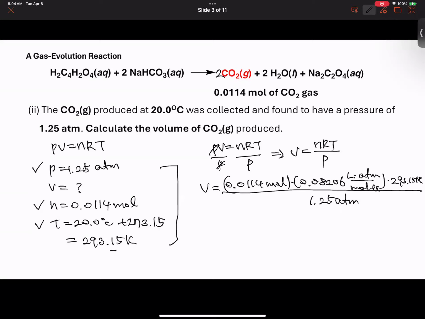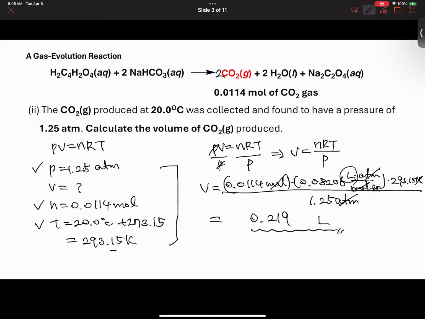Because we use proper units, everything will cancel out: mole divided by mole, Kelvin divided by Kelvin, atm divided by atm. We are left with liters. The unit will be liters. Then calculate the value with 3 sig figs, which is 0.219 liters. Okay, the volume of the container would be 0.219 liters.